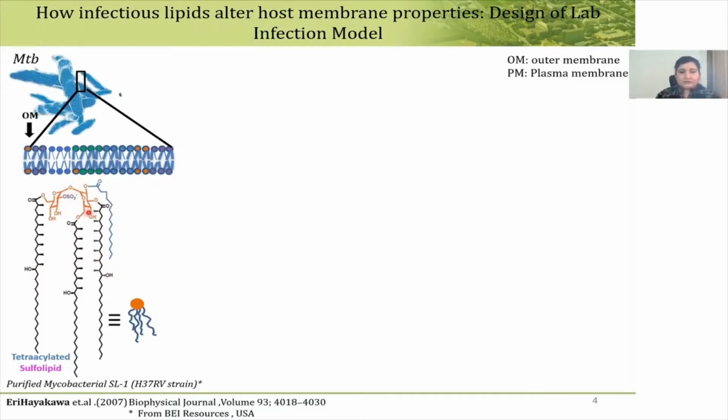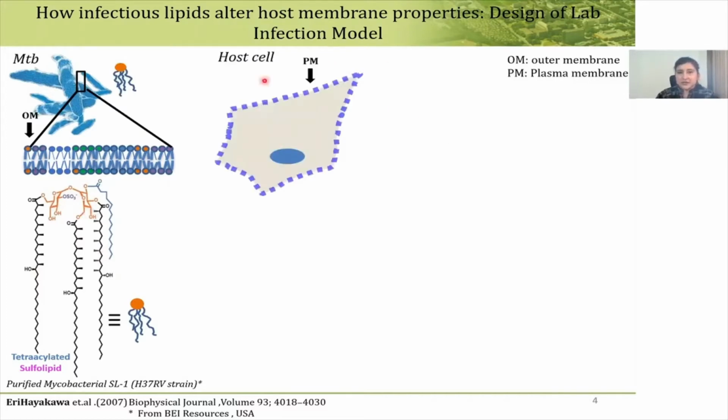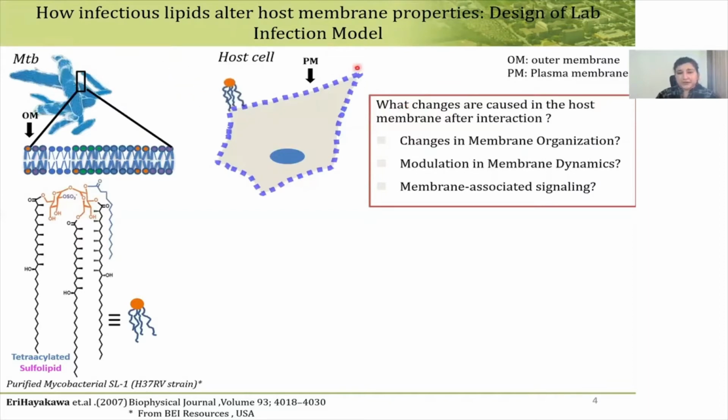We designed an assay wherein we expose these lipids to the host cell, and we wanted to study its interaction with this cell, particularly whether these lipids are capable of inserting in the membrane, and if they are able to insert, what changes this interaction brings about in membrane organization and dynamics.